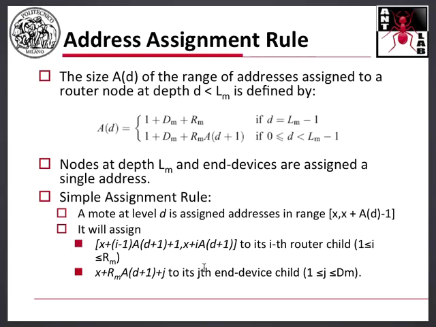So the first case is where we are looking at nodes which are at the second last layer of the tree. So these router nodes are the nodes which are, in this case, here. On the blackboard, you have a tree with 2 layers, so L of M is 2.